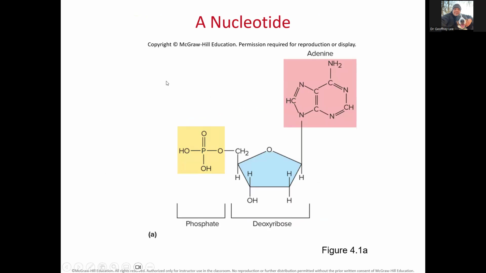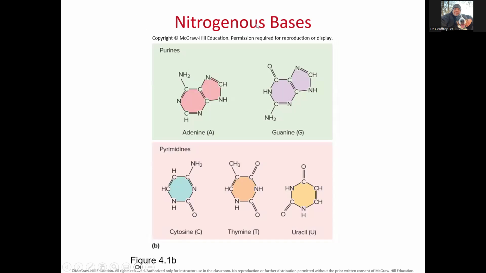The phosphate group is out here, attached to the sugar. In DNA, the sugar is deoxyribose. In RNA, we have a little oxygen sticking out right here, and now we have ribose. The bases for DNA are going to be adenine, thymine, guanine, and cytosine.